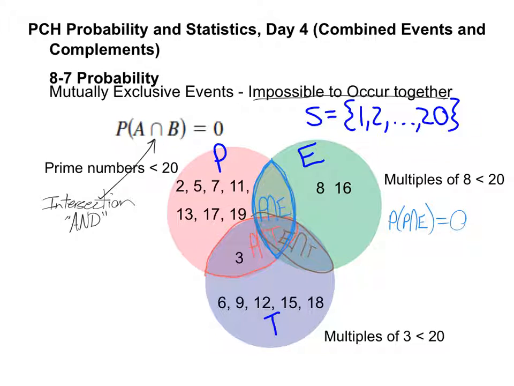And that, guys, is the mathematical definition of mutually exclusive: two things where the probability of picking something in their intersection is 0. Or another way you could say it is that their intersection is the empty set. You could draw the empty set like that.